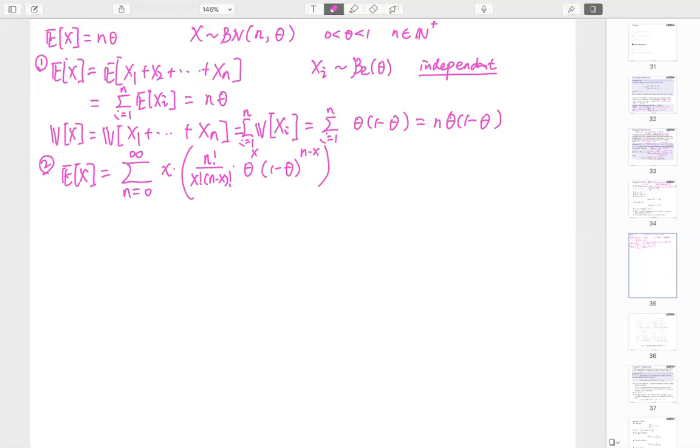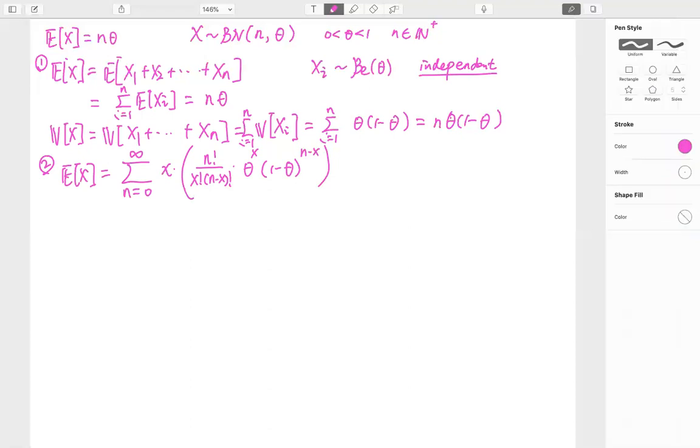Okay, so obviously, let me get a different color to do the notation. So obviously, I can cancel here, right? So it becomes (x minus 1) factorial. Okay, so I do one more change of index down here.